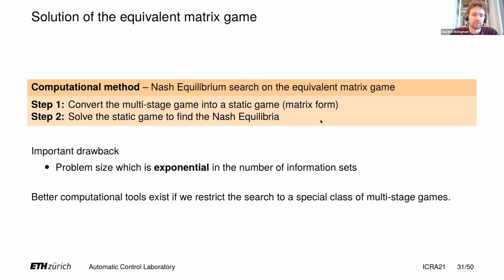In fact, the first computational method I'm going to present for multi-stage games is that you can convert a game in extensive form to a static game, a matrix. You forget about all the tree and the order of choices. You just have an equivalent matrix representation, and then you solve the static game to find the Nash equilibria. Well, the main drawback of this one, which makes it almost always intractable, is that the problem size is exponential in the number of information sets.